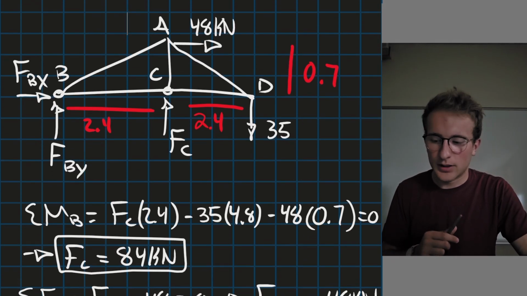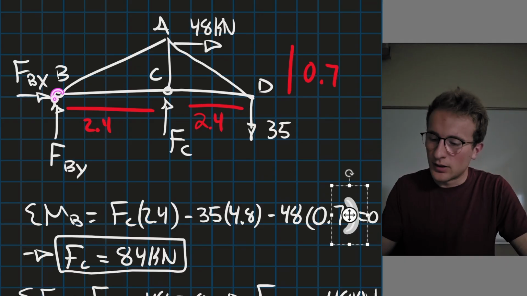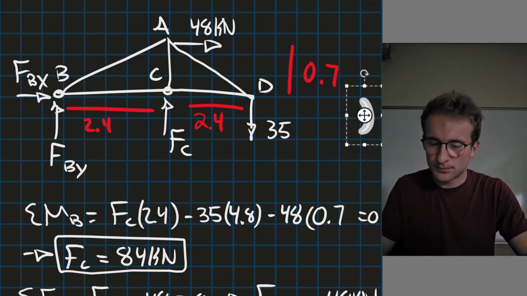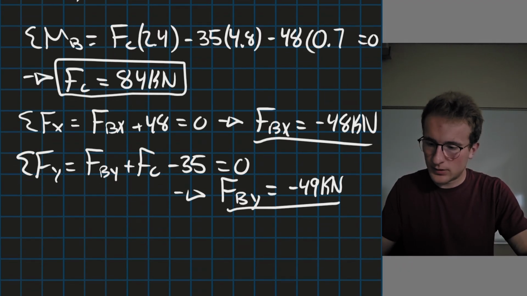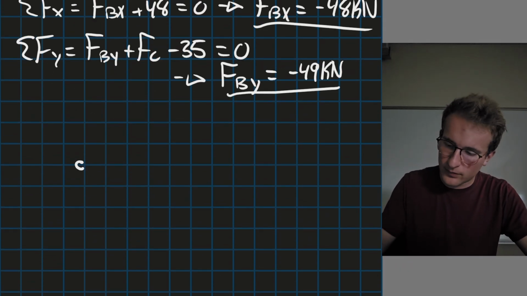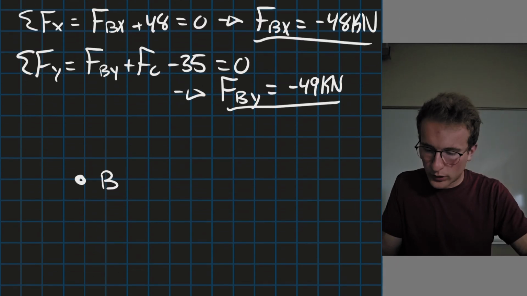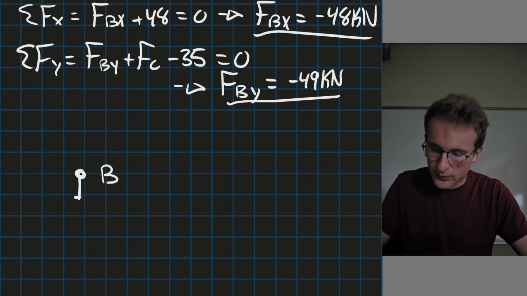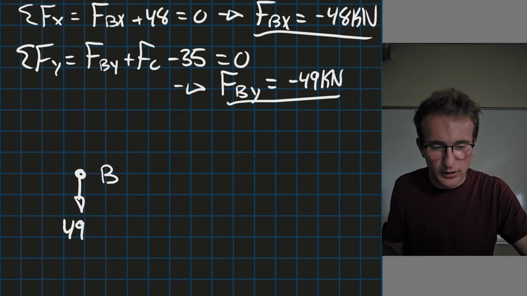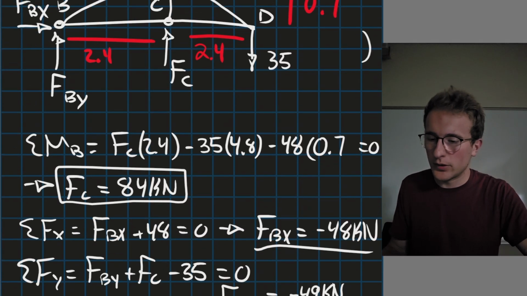All right, so let's draw the forces acting on joint B. So this is B. I have, let's see, F_BY is negative 49, so downwards, magnitude 49 kilonewtons. I'm just going to omit the kilonewtons right now.